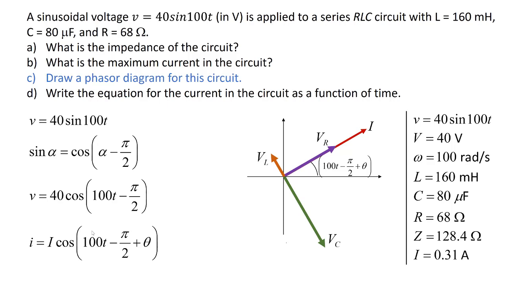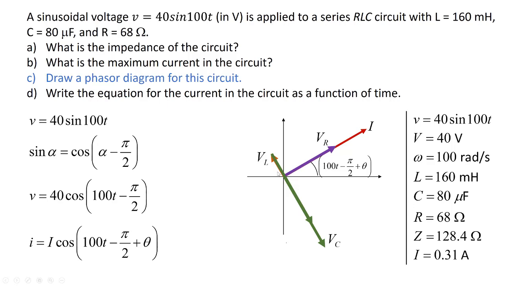Now, in order to find the phasor for the voltage across the entire circuit, we add the voltage across the inductor and the voltage across the capacitor by moving the voltage across the capacitor phasor with its tail at the tip of the voltage across the inductor.